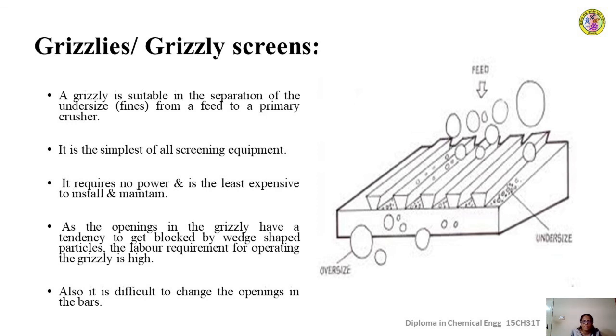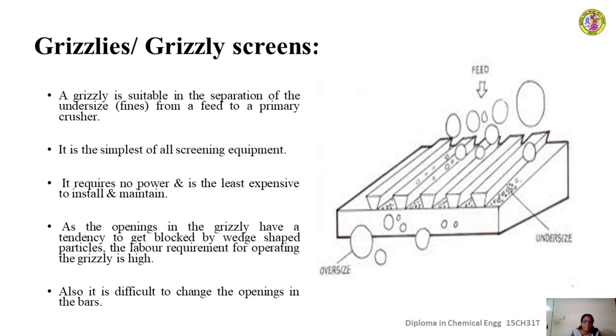One problem with this screen, as I said in the construction itself, is that it has a tendency to choke. That is, if particles get blocked in the spacing between the bars, get stuck in the spacing, that is called choking.